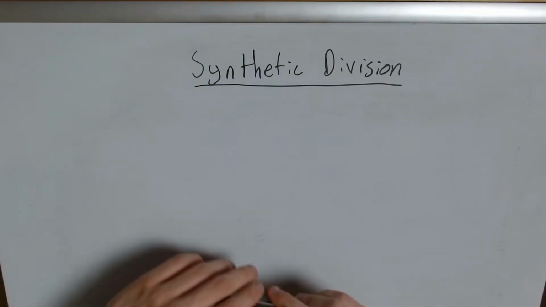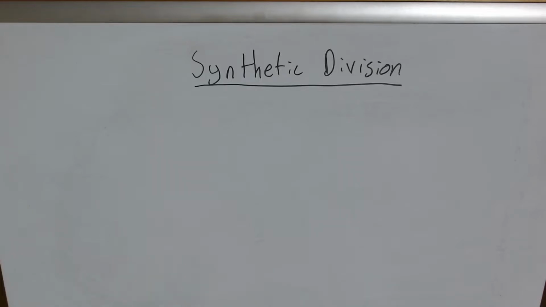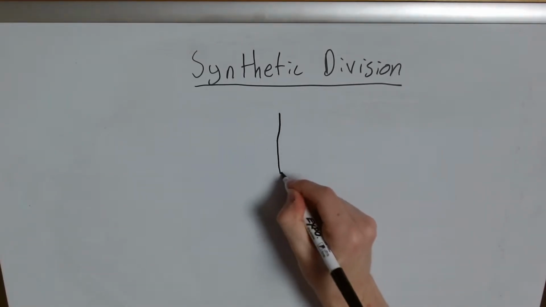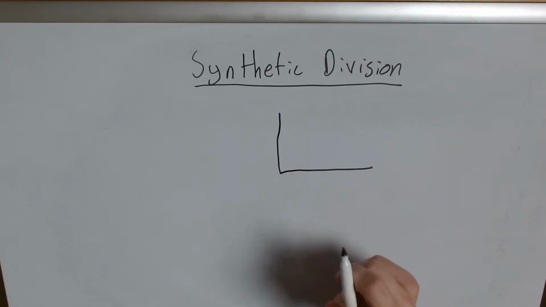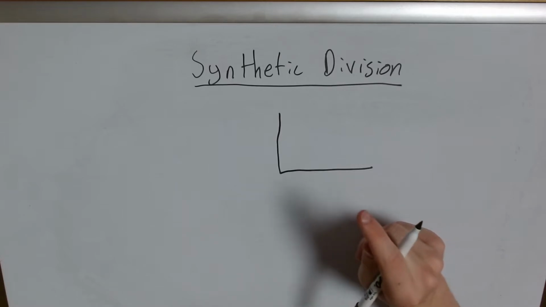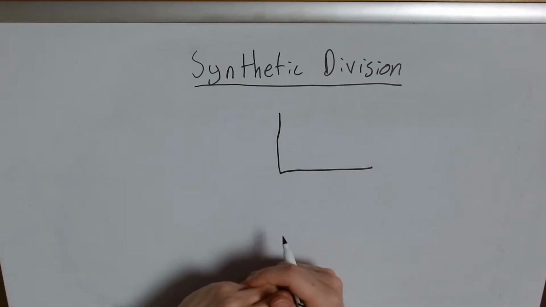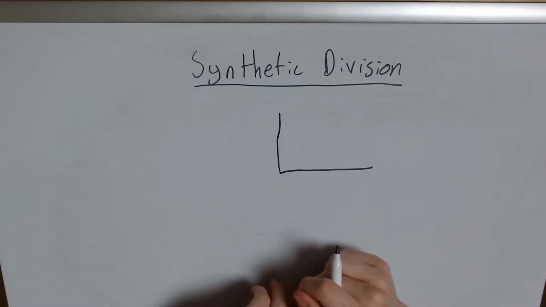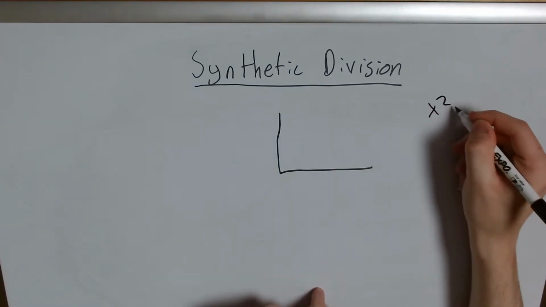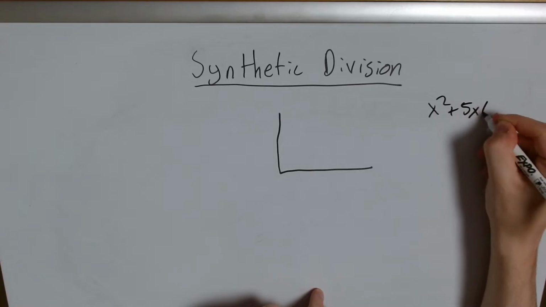Well, first, our symbol for representing it kind of looks like an upside down division symbol. We have basically something like this. Right? First, we write the coefficients, that is the numbers next to the x, of what we're dividing along the top here. So in this case, we're dividing x squared plus 5x plus 6.